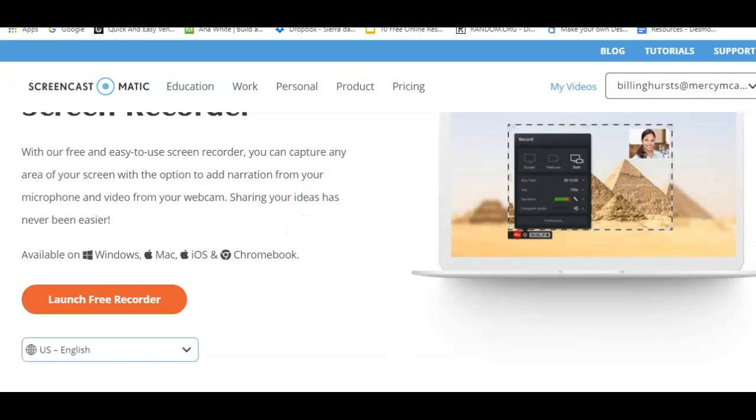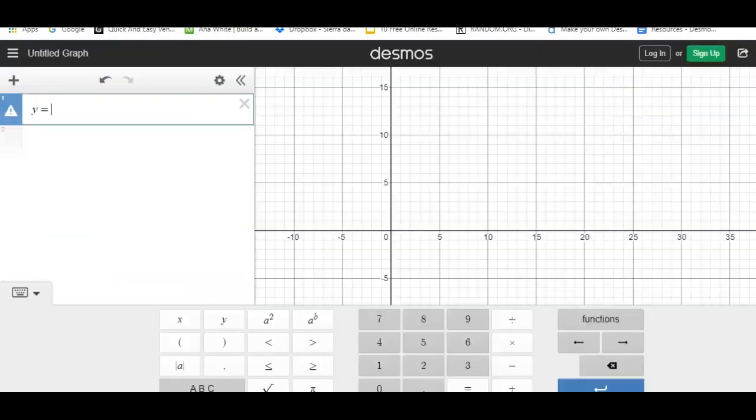Now, if we try to graph it in Desmos again, notice there is no cube root. There's a square root, but there's no cube root. But if you recall from another video earlier, we can type a cube root simply by using rational exponents.